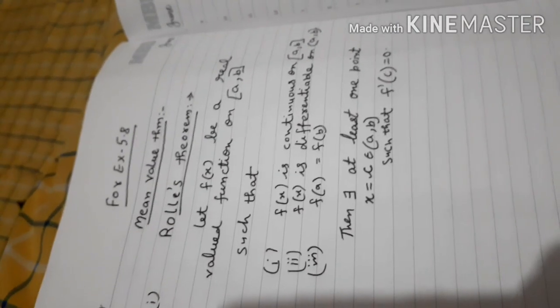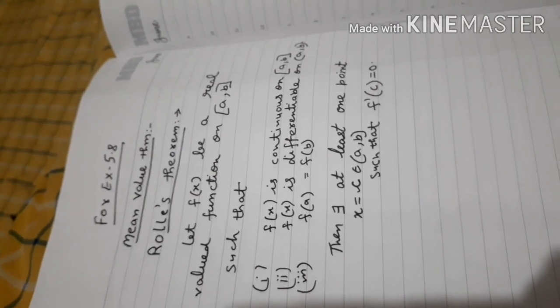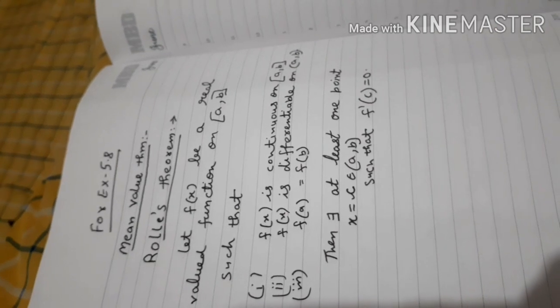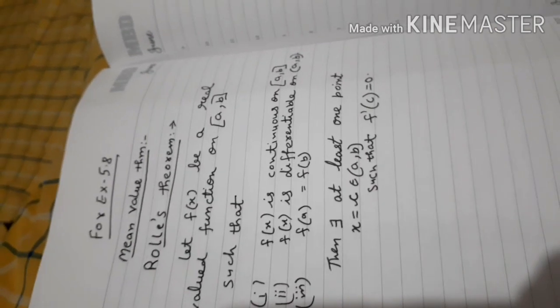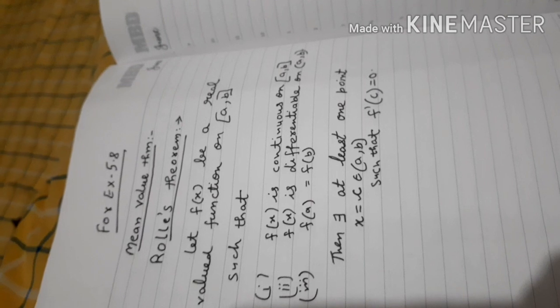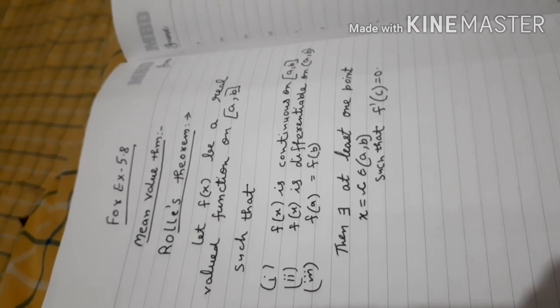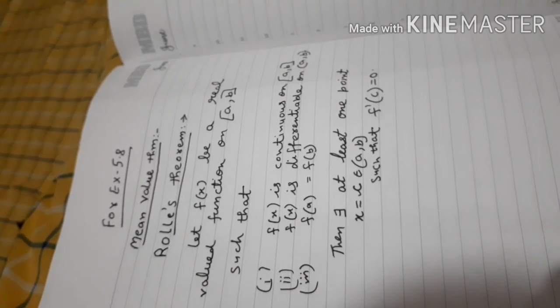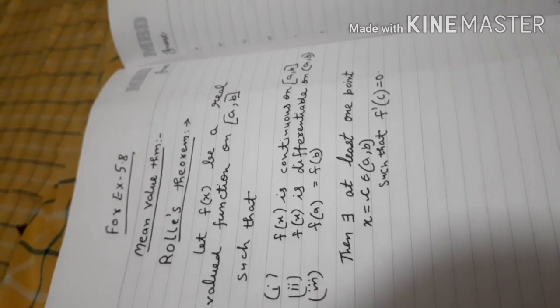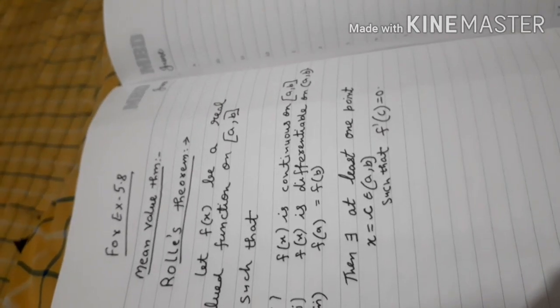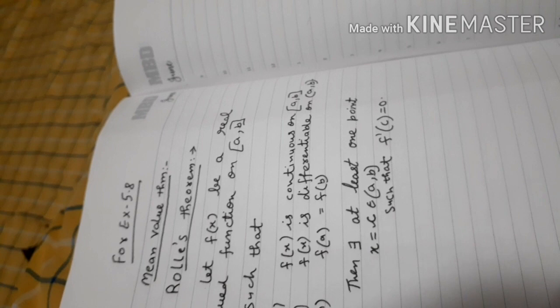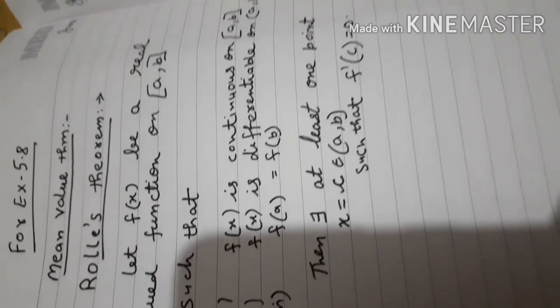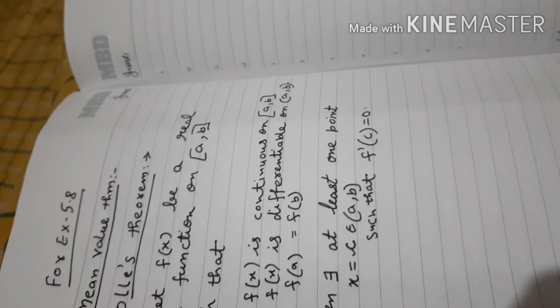So in the first point, f(x) is a real valued function on [a, b]. It means anytime if we put any value in the interval, we always get some real value. Then in the next point, f(x) is continuous on closed interval [a, b].